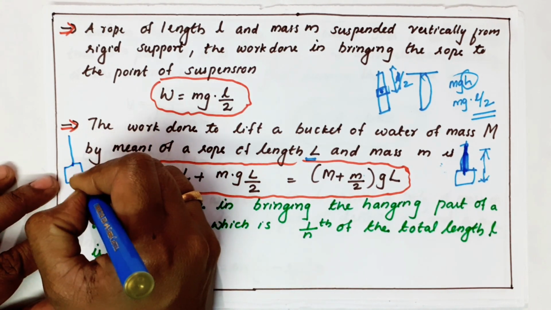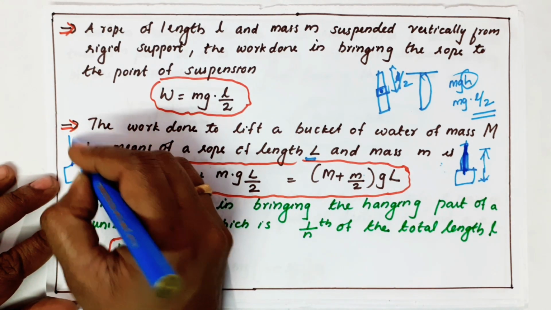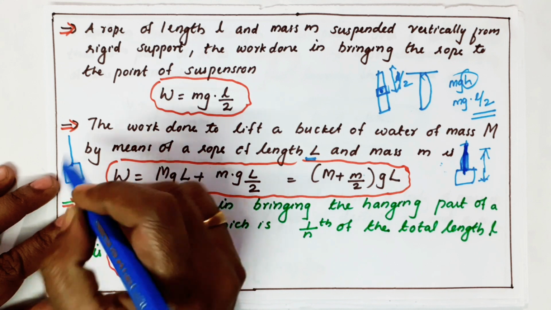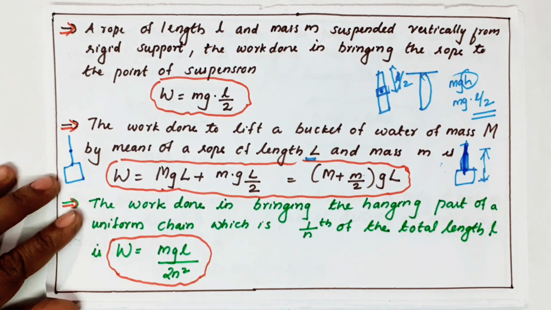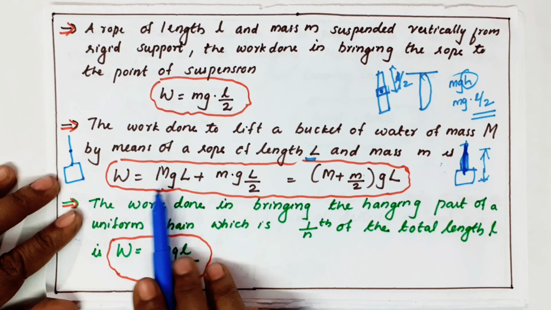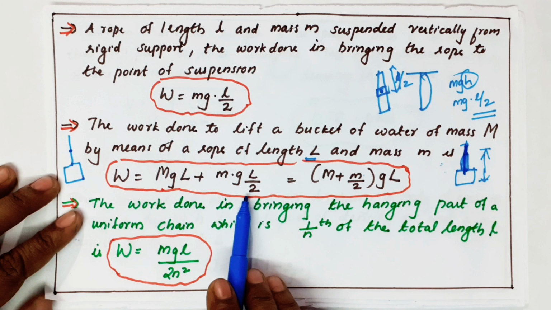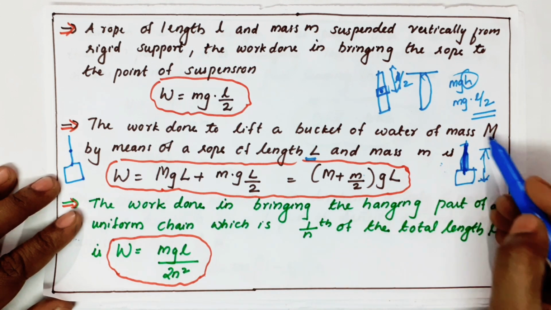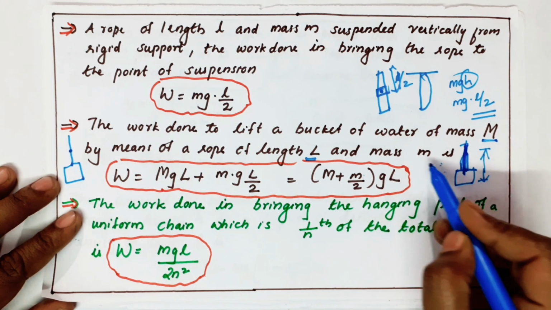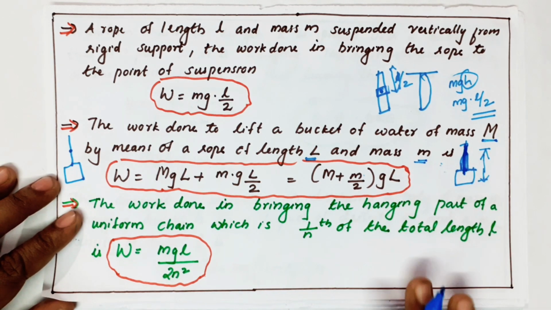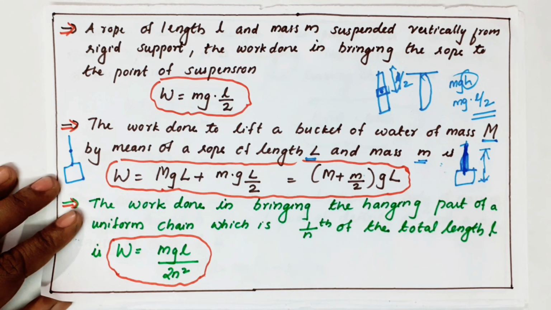I'm just drawing the bucket like this. When you take the bucket, this will be the distance. But when you take the rope, we know that the rope mass is situated at the center. So we take mgL for the bucket, and mg into L by 2 for the rope, because they gave the mass of the bucket as capital M and the mass of the rope as small m. Right? One is capital M, the other one is small m.